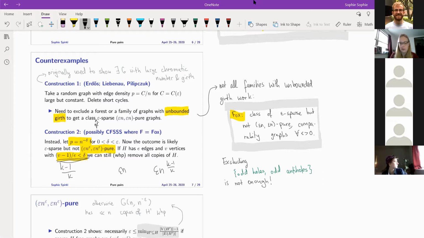So I'll proceed instead with looking at graphs where we no longer want to get linear size pure pairs, but we want to get something smaller. And again, the construction tells us that if the graph is dense, then we can't hope for it to have a very large pure pair, but if it's sparse, we might.